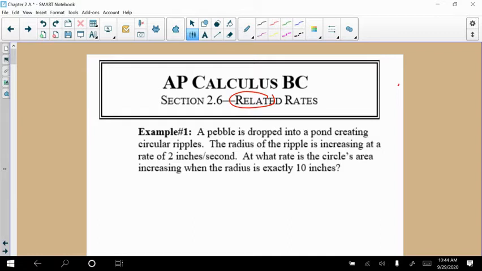Okay, a pebble is dropped into a pond, creating circular ripples, right? And the waves go out. I've probably seen that before, I'm hoping. It does give us some things about what's happening here. It says that the radius of the ripple is increasing at a rate of 2 inches per second.